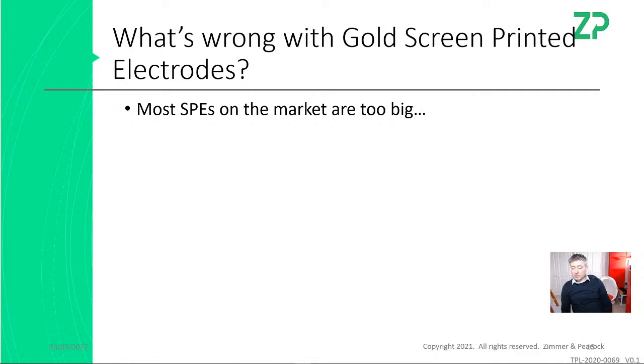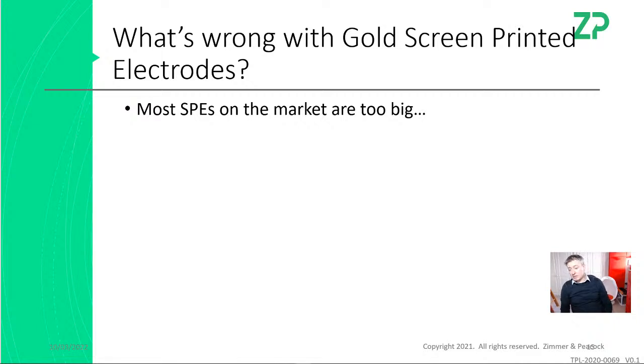The smaller something is, the higher the density of manufacturing you can achieve, so you can make more of them within a certain unit of time, and therefore they're lower cost. So most screen printed electrodes on the market are actually too big.